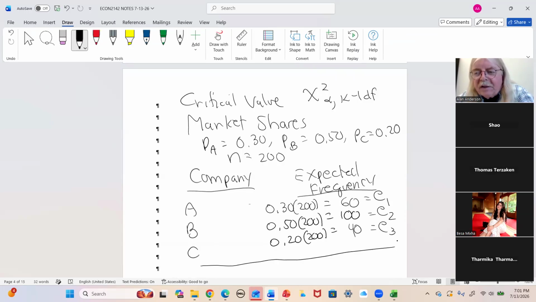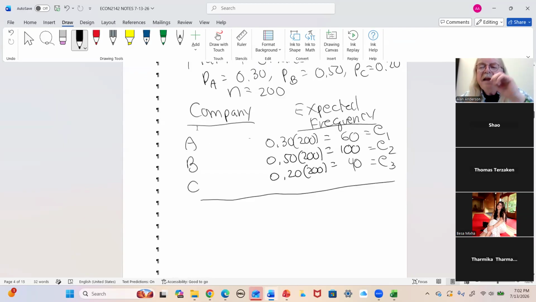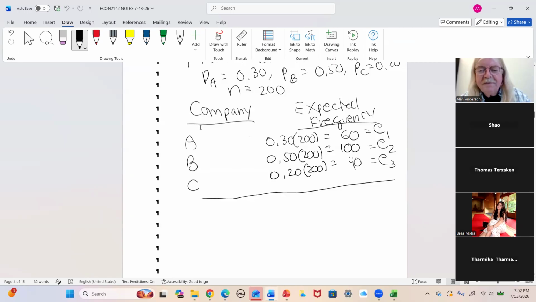Now, some problems they'll just give you the expected frequencies. Here they're telling you how to calculate them. It's a simple matter of multiplying the proportions by the sample size. So, based on our historical experience, this is what we'd expect to see in a sample of 200 customers. Then they have to give us the new ones. In other words, they actually go out and do the research and say, well, how many people now are buying the product from these companies after the introduction of the new product?